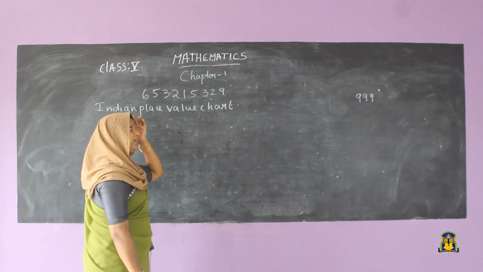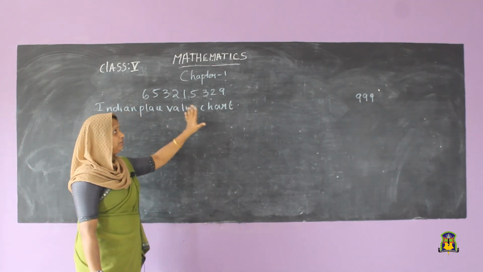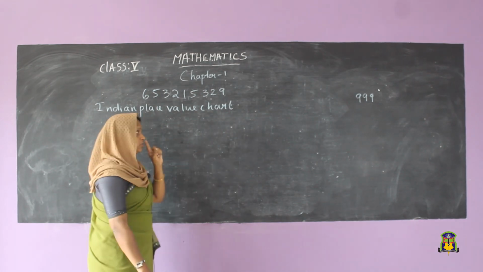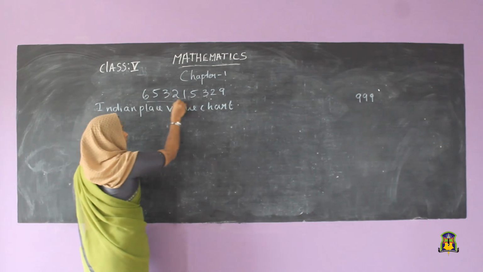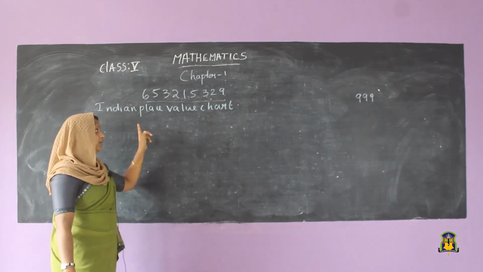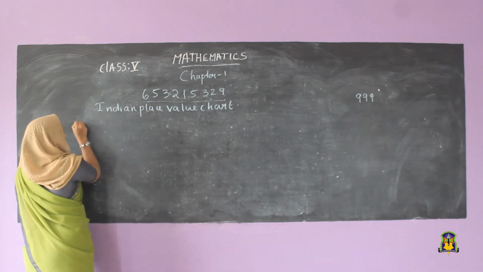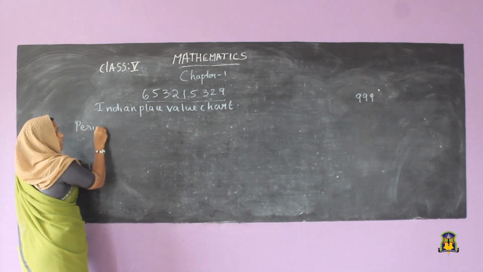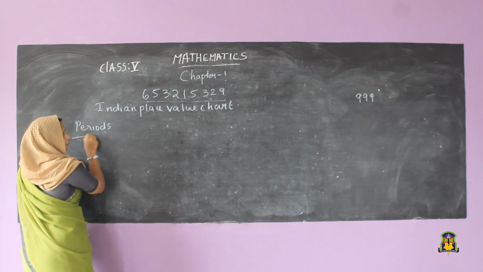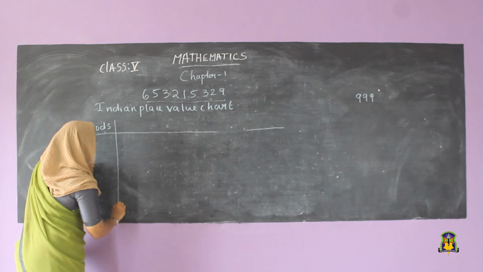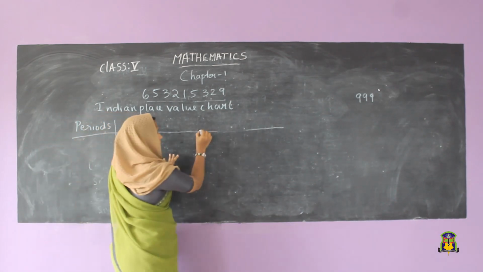To read this number, we want to divide the chart into 4 periods. So 4 periods will be there.